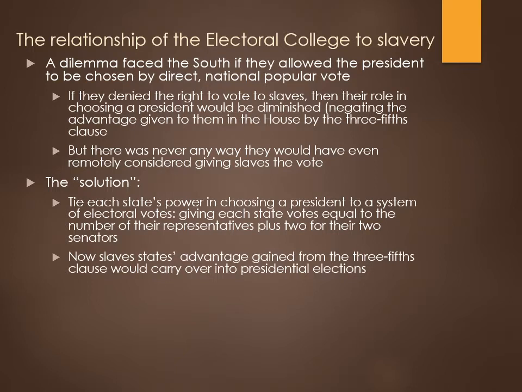In this system, each state has a number of electoral votes equal to the number of their representatives in the House, plus 2 for their 2 senators. And that is the system we're still living with today. So now, slave states could continue to benefit from the 3/5 Clause in the choice of a president.